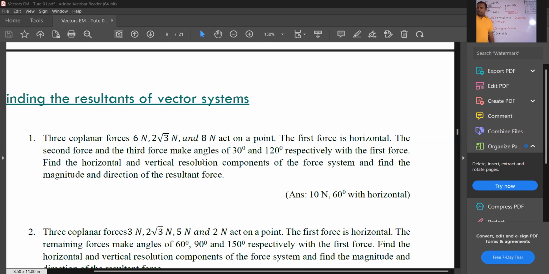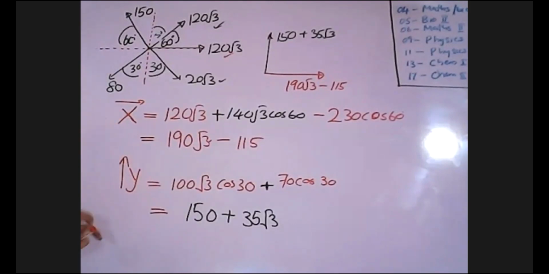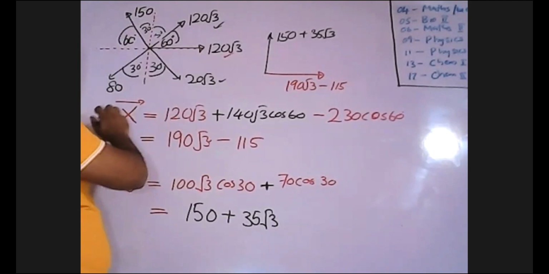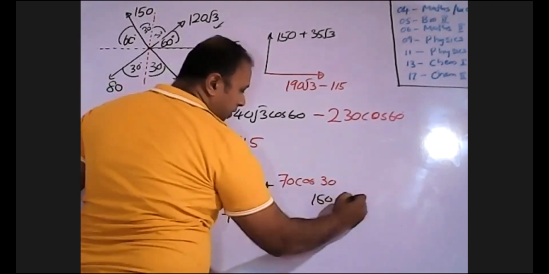Okay. Let's do question number 1. I will explain that one. Look at this. 150, this is 30. Therefore, in the upward direction, 150 cos 30.